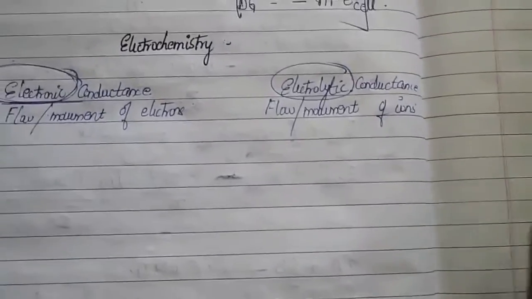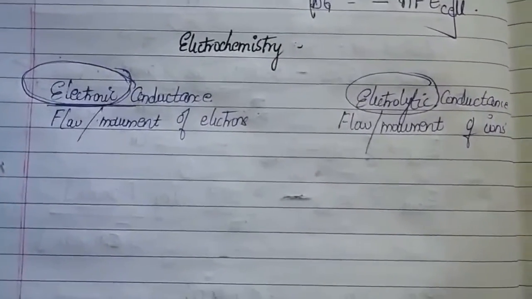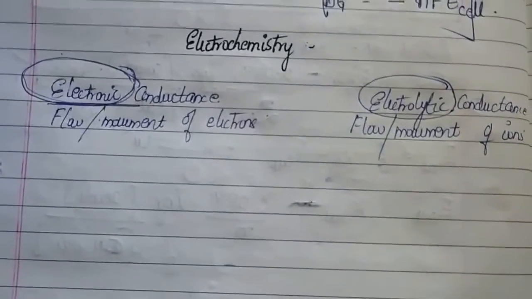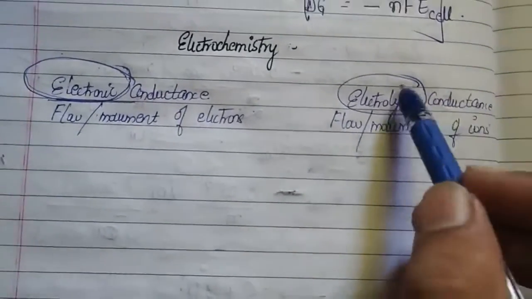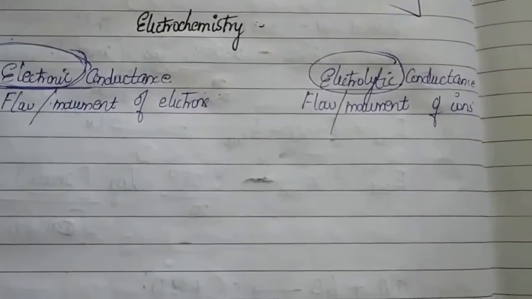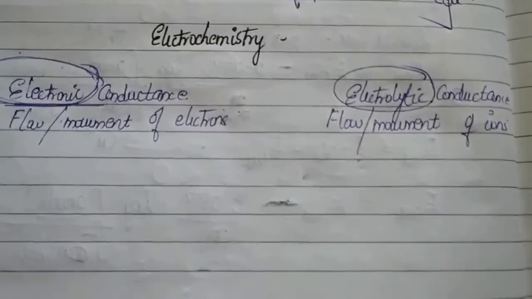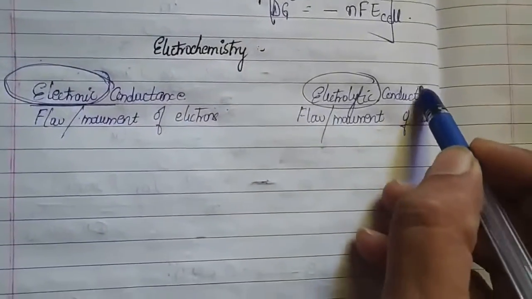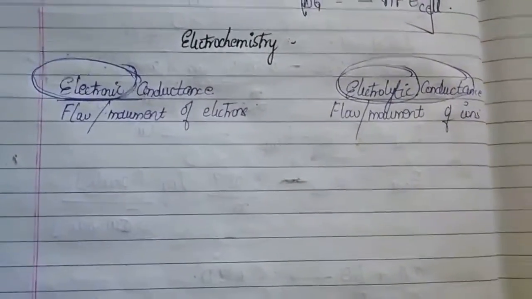So electronic conductance is the conductance observed by the flow of electrons, whereas electrolytic conductance is the conductance observed by the movement of ions. In today's session, we are mainly going to understand electrolytic conductance.